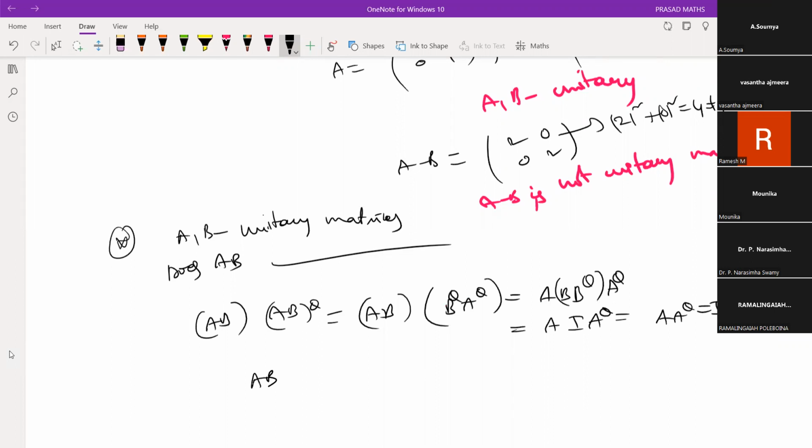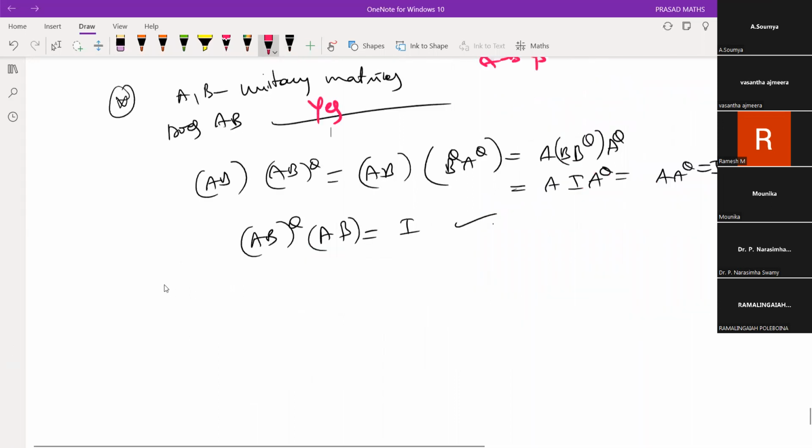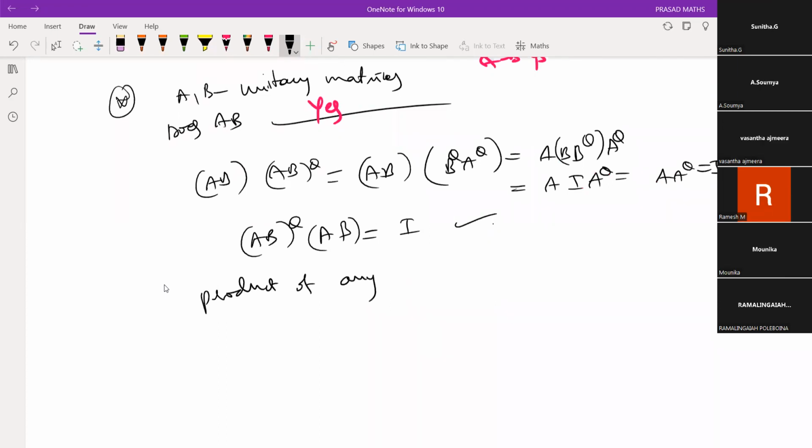Similarly, the other product is also the identity matrix. So this is an orthogonal matrix. That means the product of any two unitary matrices is unitary.